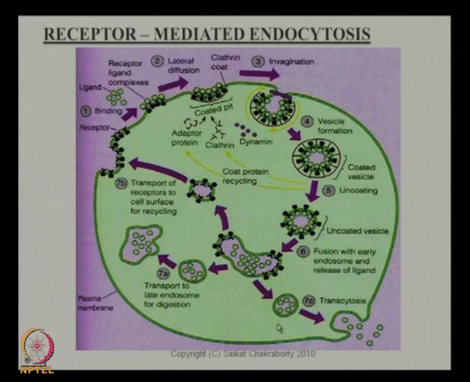The receptors form a separate vesicle, the ligands form a separate vesicle, and the receptors go back to the cell membrane to do their next cycle of transport, because you have a limited number of receptors and you do not have the ability to waste them. And these ligands, as you can see here, could be used for different purposes. They could be used for metabolism, if they are proteins or nutrients that you need. If they are not needed, then they could be thrown out, and we will do the details.